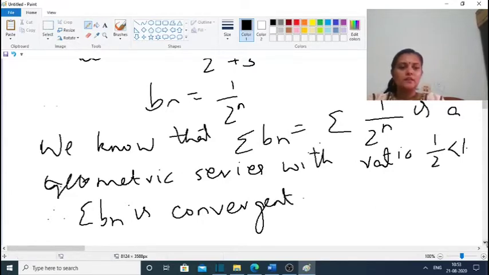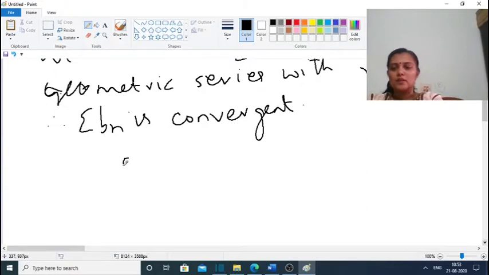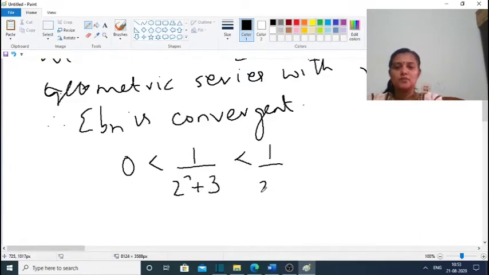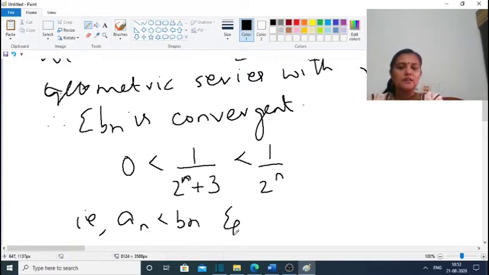And here 0 is less than 1 by 2 raised to n plus 3, which is less than 1 by 2 raised to n. That is, an is less than bn, and sigma bn is convergent.